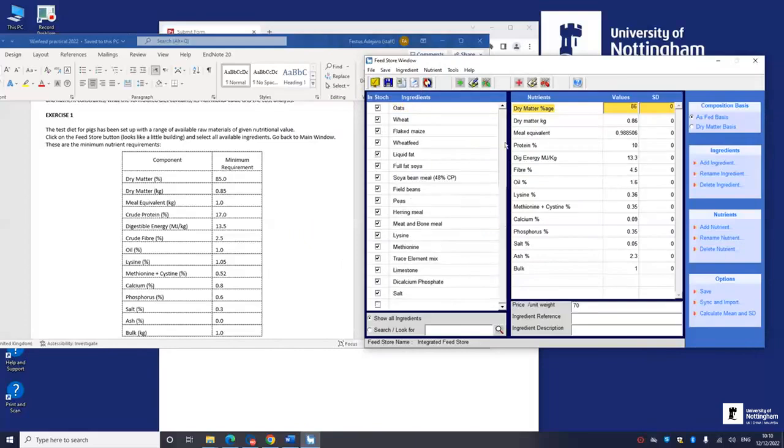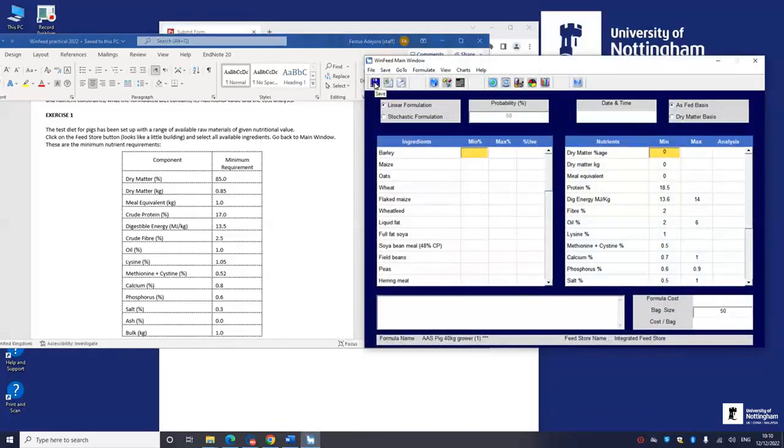All the various ingredients are selected, and if you click here, you will go back. Go back to main menu. These are minimum nutrient requirements. Here you will see minimum, maximum, which we are not able to do with the spreadsheet.